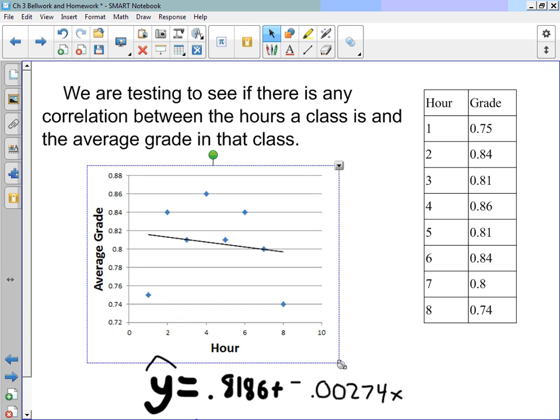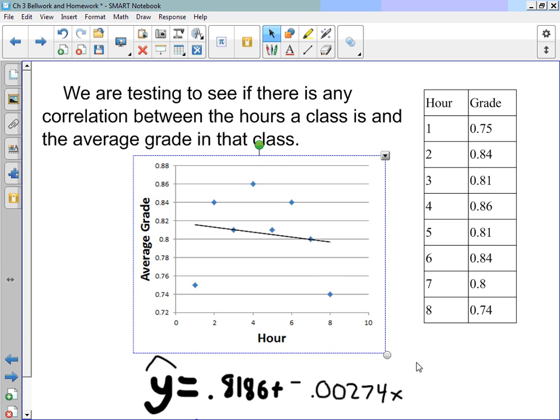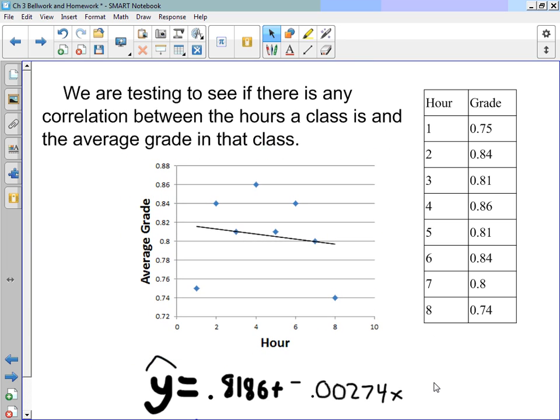So here's the deal. Maybe that line doesn't work the greatest. That's possible. Well, how can we check our residuals? Now remember what our residuals are. Our residuals are the distance from here to here.